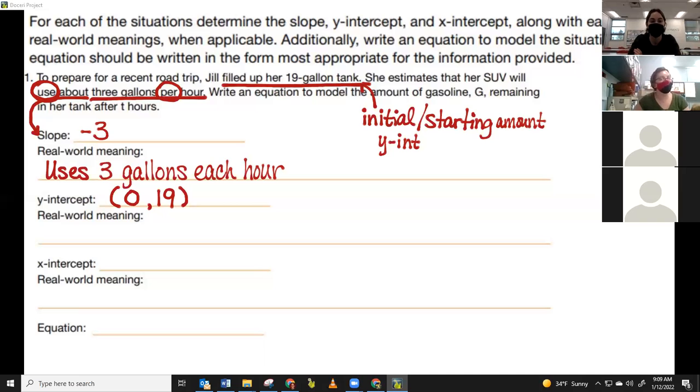So now I want to know the real world meaning of that. How would I explain the real world meaning of that 0, 19? What would you say?